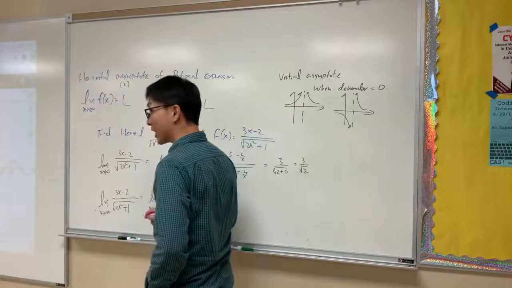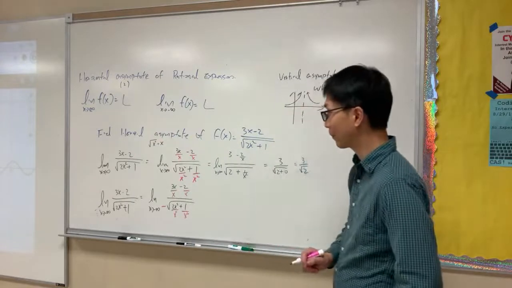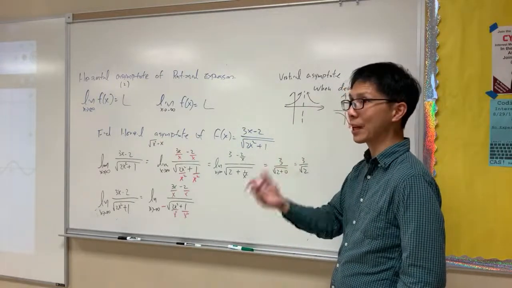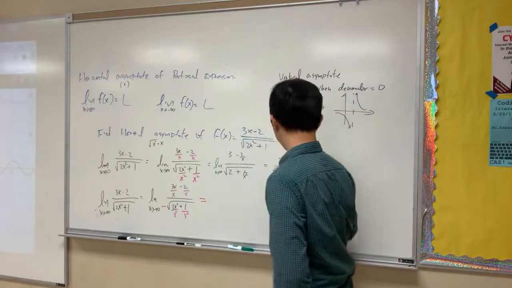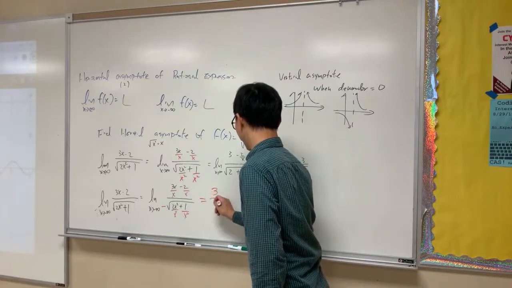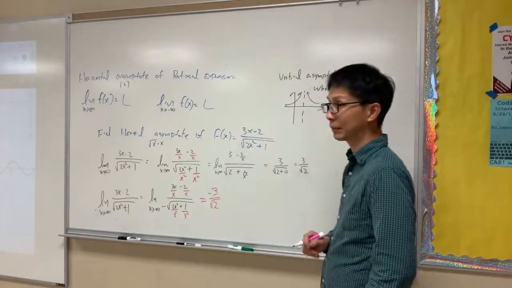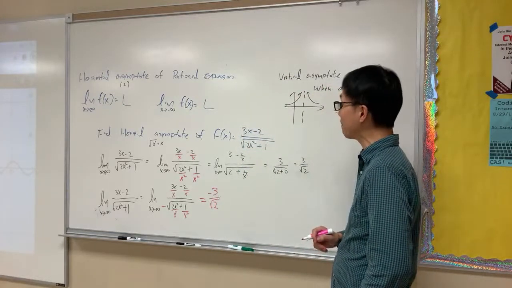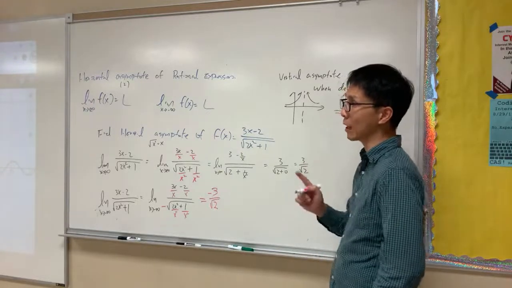But since we reach negative infinity, the result is going to be negative, so you have to put an extra negative sign in front. The result is very similar: 3 over the square root of 2, but negative. Okay? So therefore, you have 2 horizontal asymptotes, not only 1.